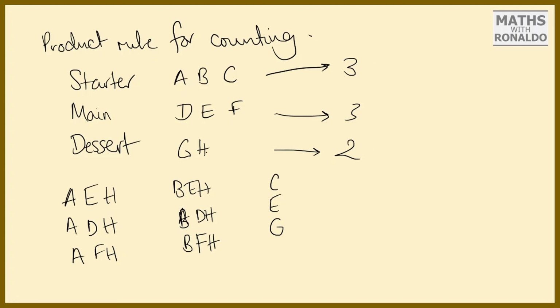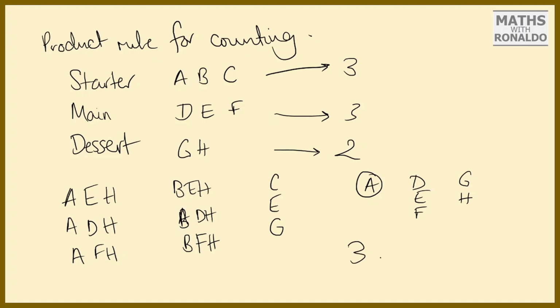So say we picked A for our starter. Then we still have 3 options for the main and 3 options for the dessert. And so we have A, and then we have D, E or F, then we have G or H. Well, the way to write down all the possible outcomes, all the potential combinations, is by multiplying them.